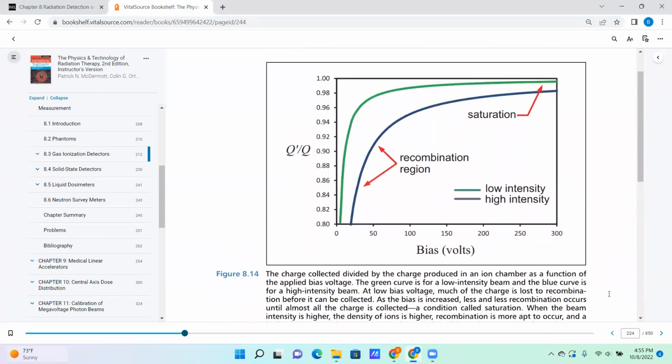So this is the charge collected divided by the charge produced in an ion chamber as a function of the applied bias voltage, which is what you're seeing here. The green curve is for a low intensity beam and the blue curve is for a high intensity beam. So you can see the difference there.